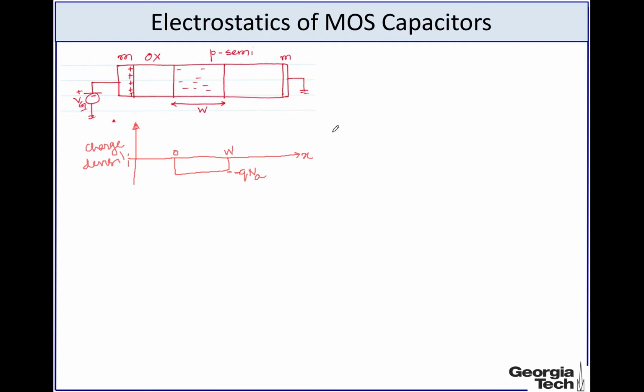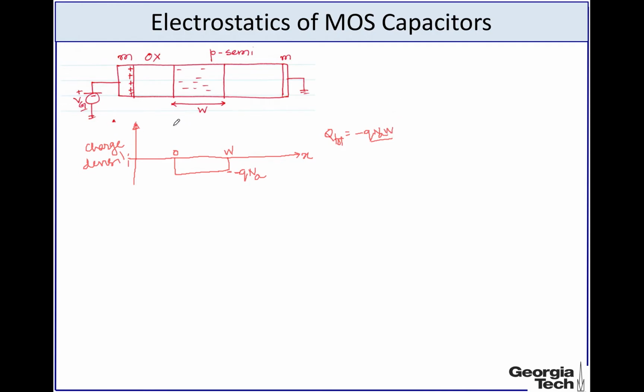Then what we can see is that the total amount of charge in the semiconductor will be q multiplied with Na multiplied with W. This is per unit cross sectional area, coulomb per unit cross sectional area.